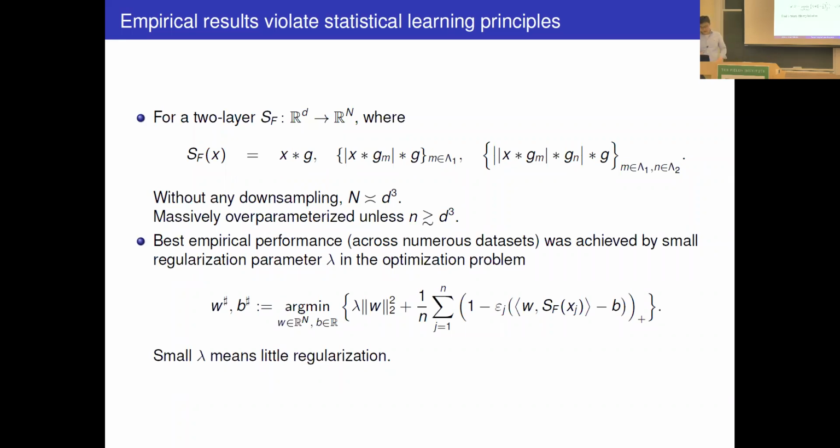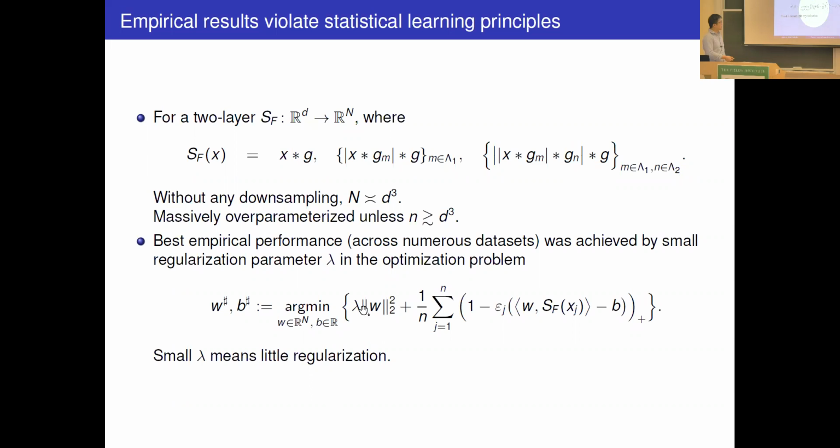The second core principle of statistical learning that we violate is, when we do this optimization procedure, we found empirically that small lambda tends to perform best. And why is that surprising?